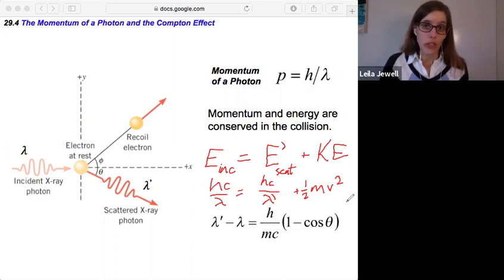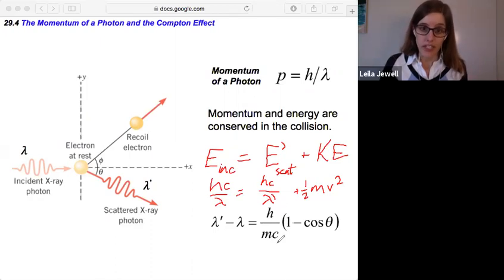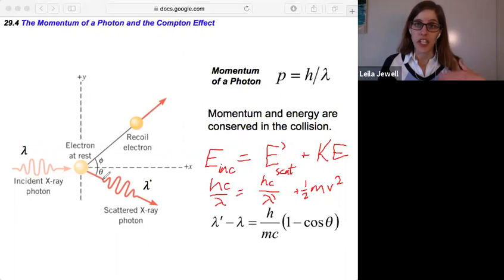So there's one relationship. And you could combine this along with the conservation of momentum to show the following equation on the bottom, that the wavelength changes, lambda prime of the scattered photon, is bigger than the initial wavelength by this quantity on the right. Planck's constant divided by the mass of the electron times the speed of light, times the quantity of 1 minus cosine of theta, where theta gives you the angle of the scattered X-ray photon.